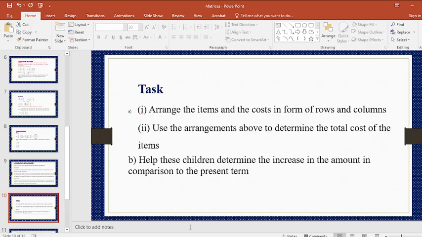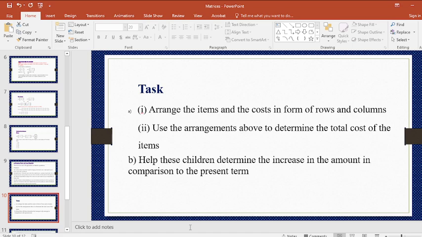That is multiplication. By the way, I've seen many people in this topic of matrices just manipulating, just calculating how many sets they bought, and someone gets the total. That one I don't mark. What I mark is you applying matrix multiplication. Now for this case here, it is an application of matrix multiplication.